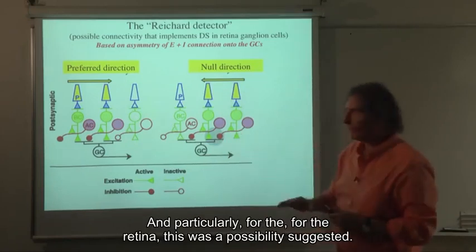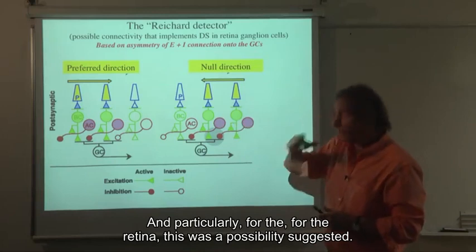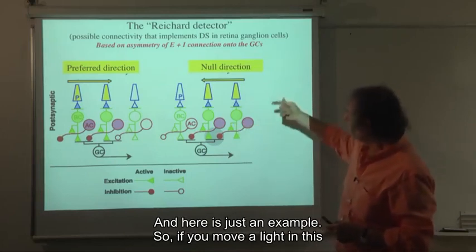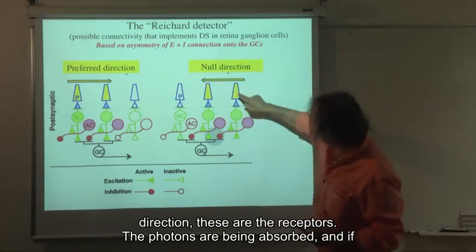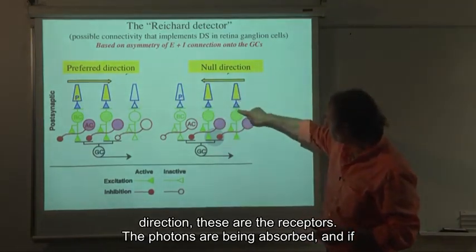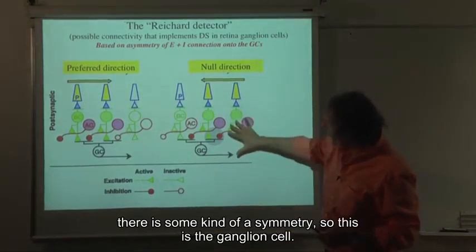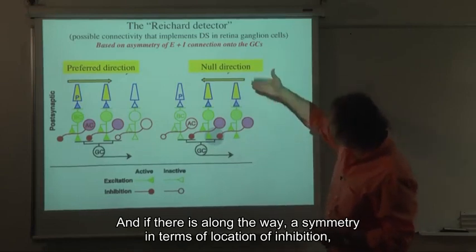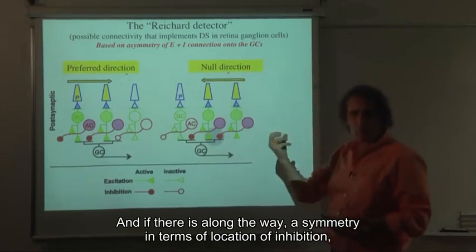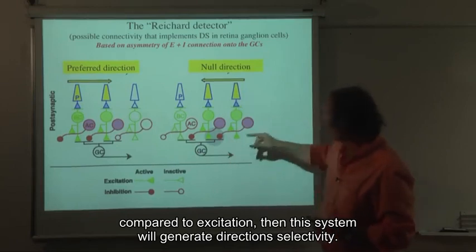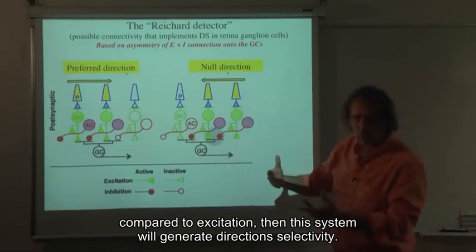And particularly for the retina, this was a possibility suggested. And here is just an example. If you move a light in this direction, these are the receptors. The photons are being absorbed. And if there is some kind of asymmetry, this is the ganglion cell, and along the way there is asymmetry in terms of location of inhibition compared to excitation, then this system will generate direction selectivity.